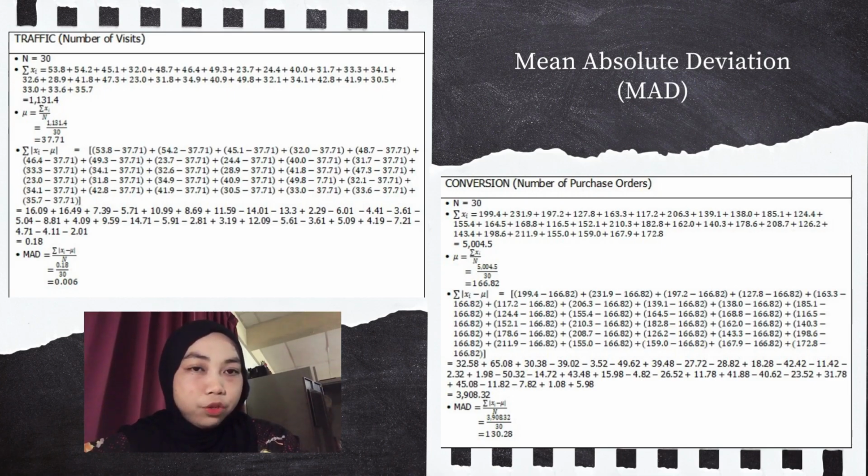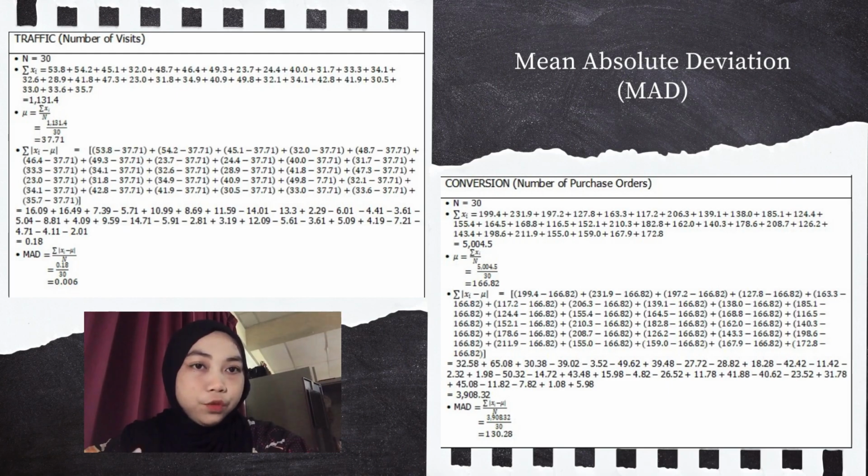The sum of number of visits is 1131.4, while the sum of number of purchase orders is 3505.2. This indicates that the total number of purchase orders is higher than the total number of visits.